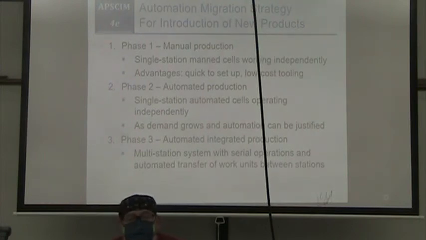So often in this phase, you have single station workstations working semi-independently. It has the advantage it's very quick to set up, and hopefully all our tooling is very low cost.